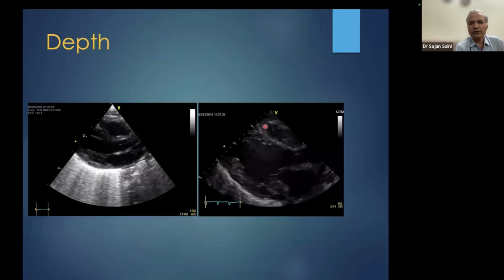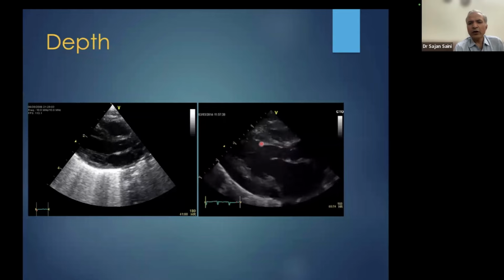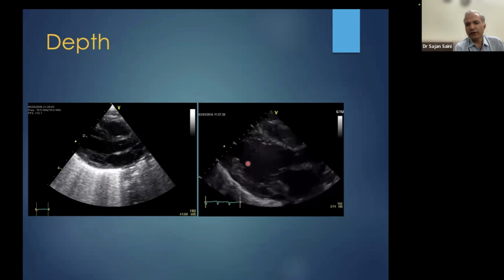So we should optimize the depth so that our anatomical area of interest, the left ventricle, occupies at least 2/3 of the screen. We should not waste it. This gives a much better view of the heart, a much better view of the anterior mitral leaflet and posterior mitral leaflet, and this improves our ability to measure or understand the information from these images.